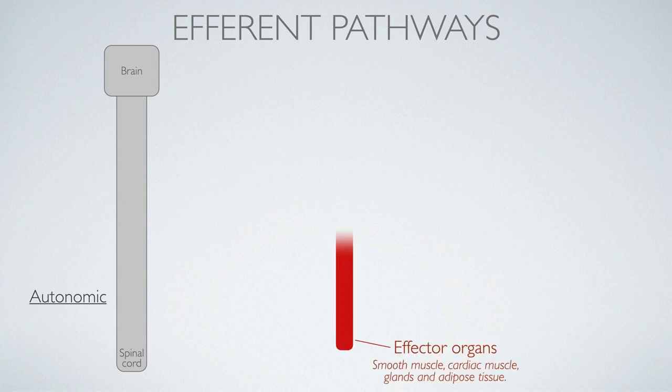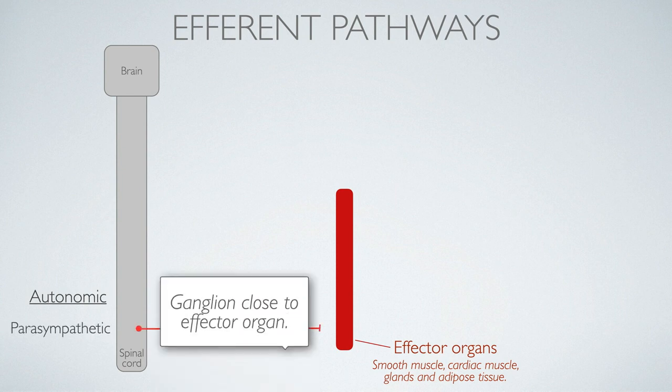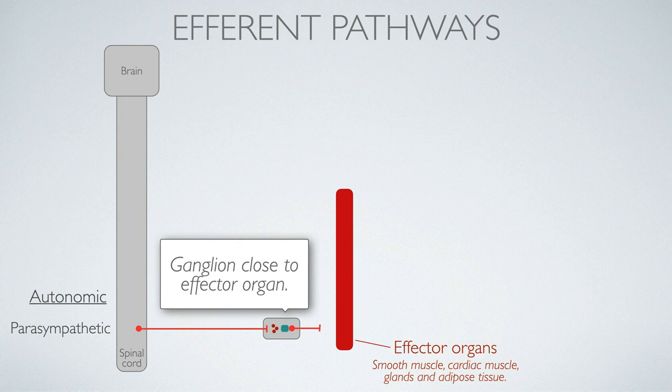So those include smooth muscles, not skeletal muscles, cardiac muscle, so your heart, glands, and adipose tissue, fat tissue. The parasympathetic pathway acts on those targets, those efferent organs, with this pathway of two neurons.